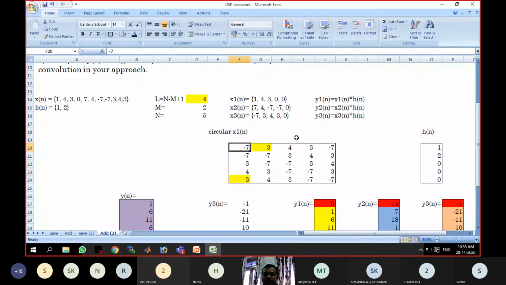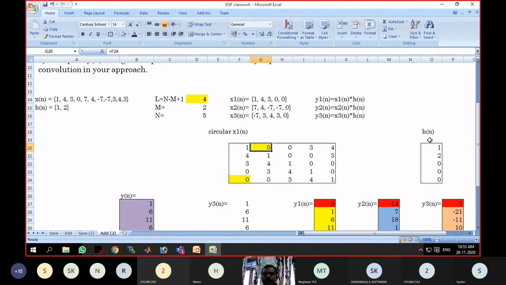Yes, we have the given elements. Given elements are the first column we need to consider. So I have already got the answer, and I have created the circular matrix by considering the last element of the previous column as the first element of the present column, and the remaining elements are shifted accordingly from top to bottom.